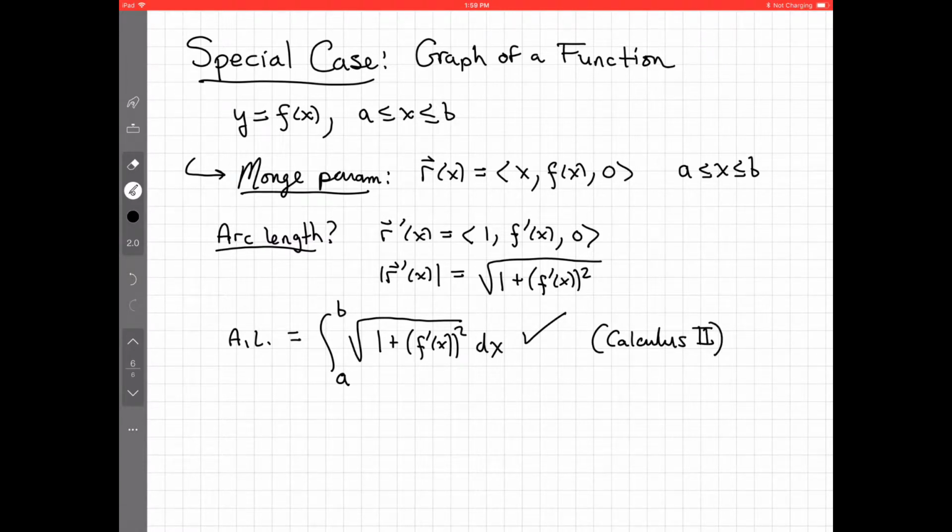That's our old mysterious arc length formula. It makes sense here. A way to see why it looks this way is, this is dx squared, and then we're adding to that dy dx squared, right? It's just that dx is 1.